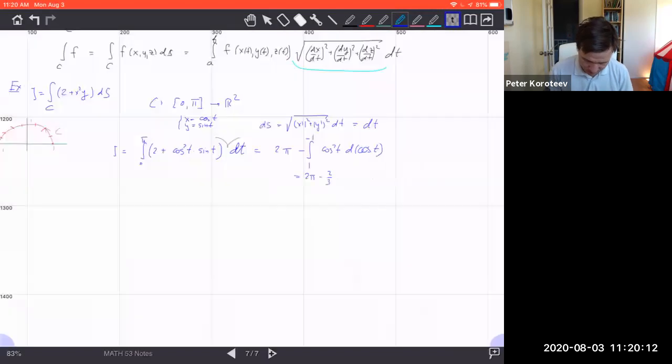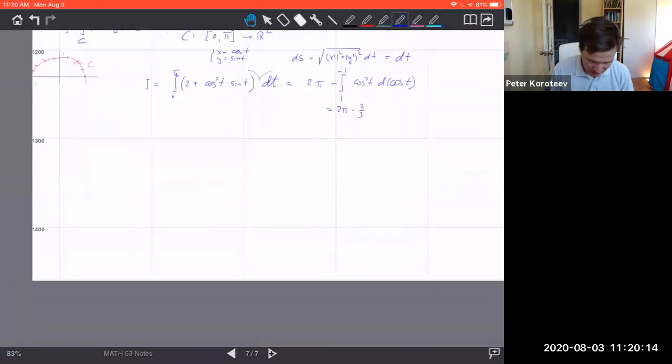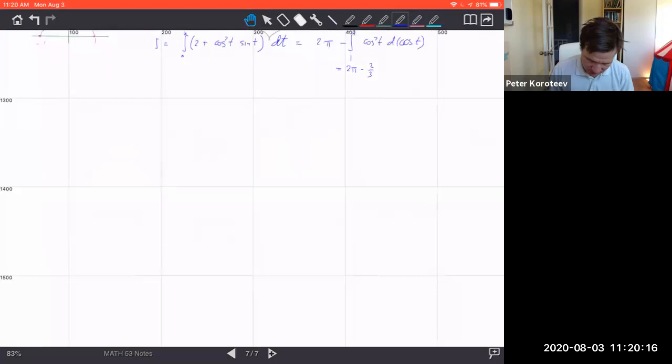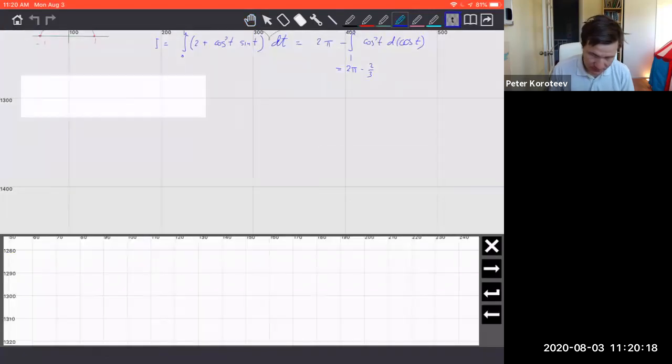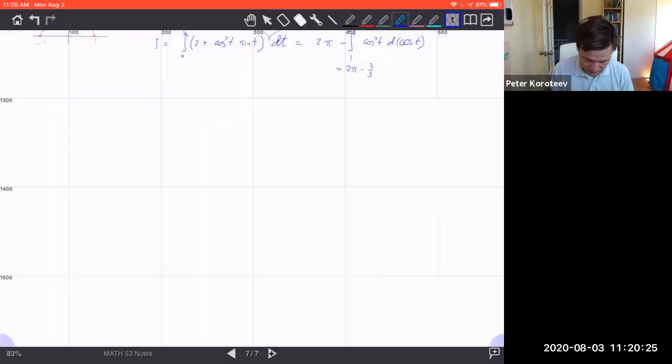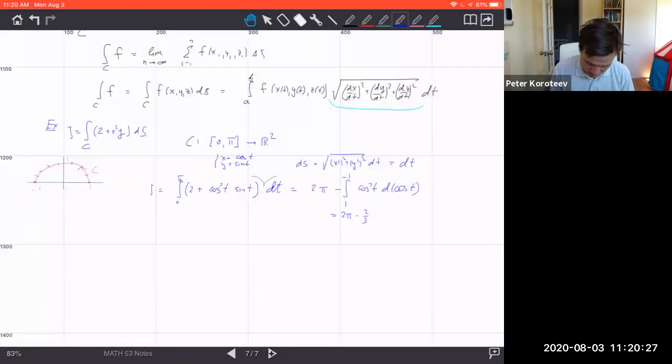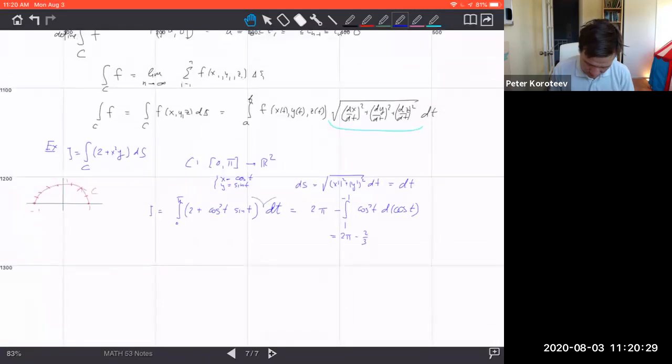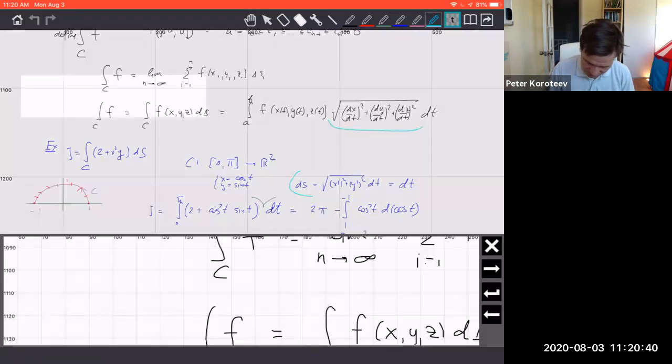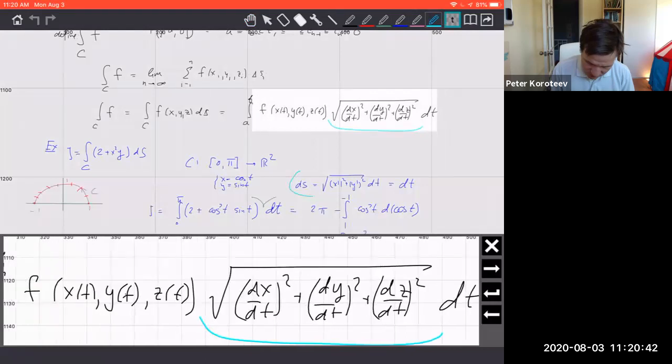Okay. Now, in the definition of the integral, we assume that the curve... what exactly, the distance element again? Do you mean this? Oh, it's just part of the formula. That's what you need to calculate.